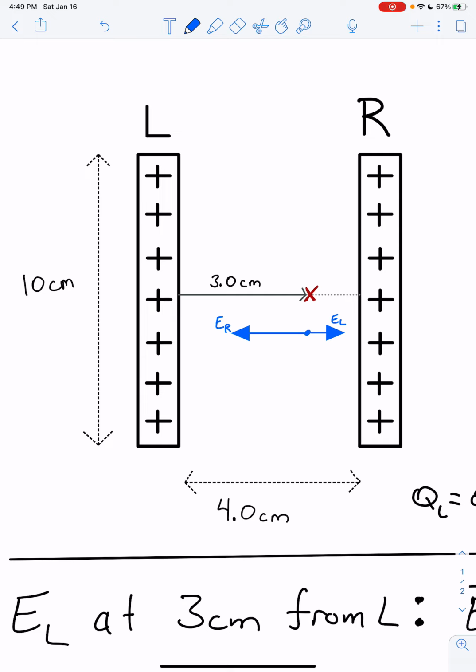The electric field drops off with distance, and the point is much closer to the rod on the right, so we expect the net field to be towards the left.